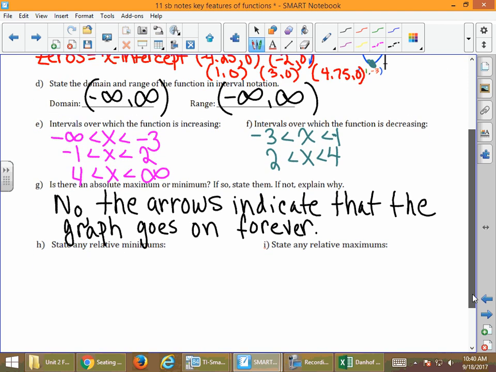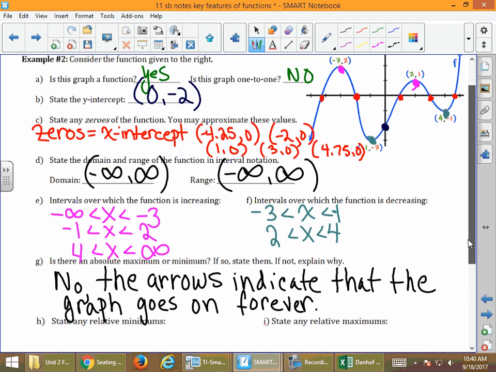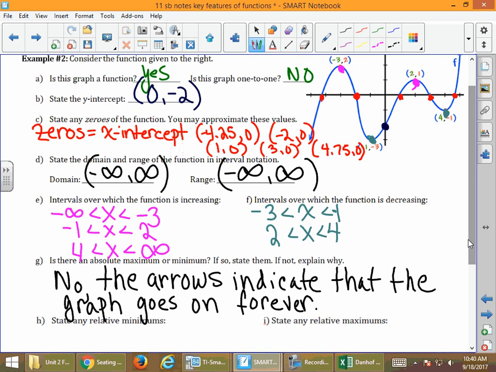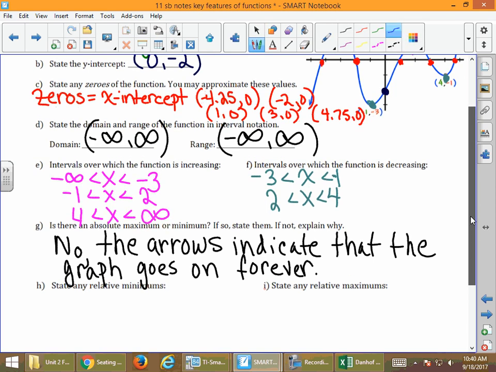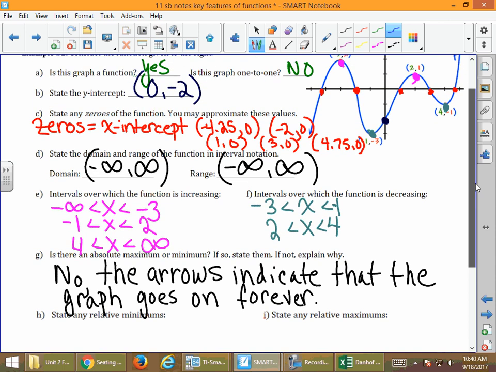As we finish this problem here, we want to identify any relative minimums and any relative maximums. I have lots of colors on the graph. Can you identify any relative minimum ordered pairs? And think about it in your head if you don't want to answer.